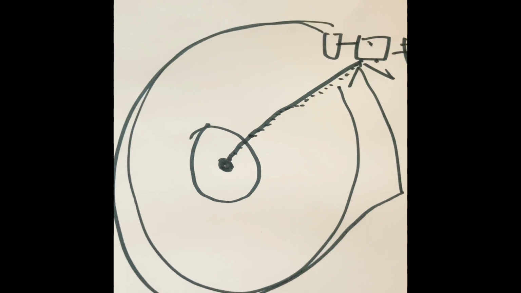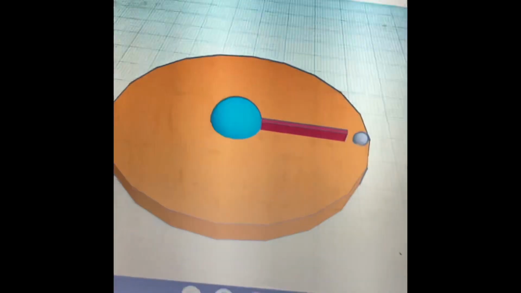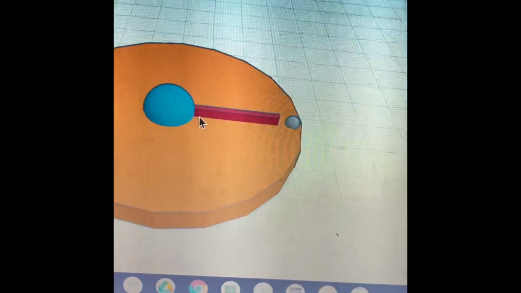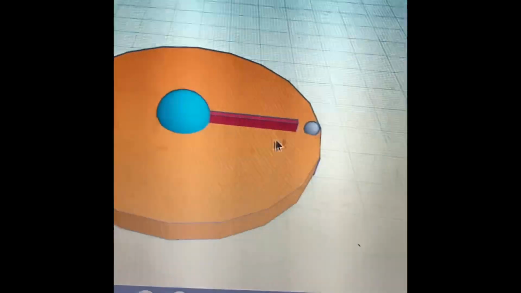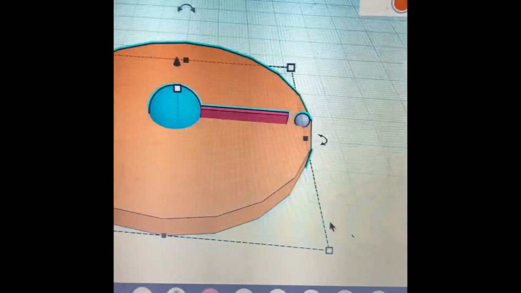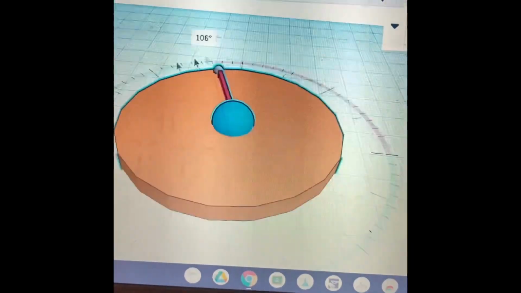Here's an example. If that blue thing in the middle was Earth, and the red line is the distance between Earth's center point and the space station, which is gray, then it is going to look like this.